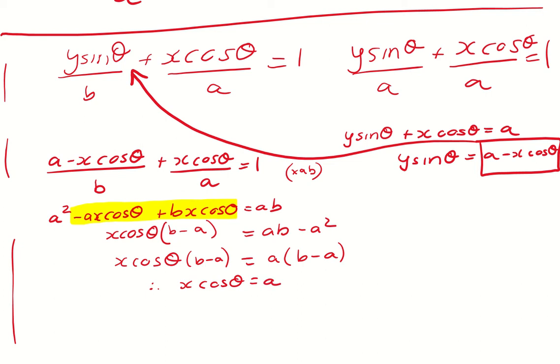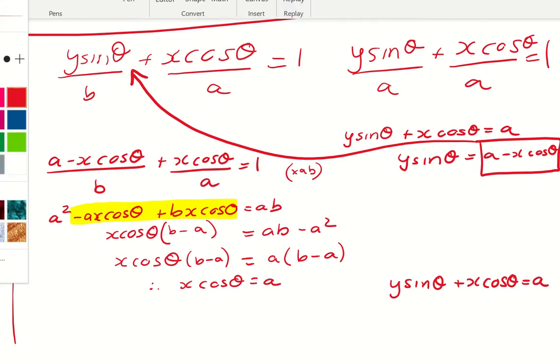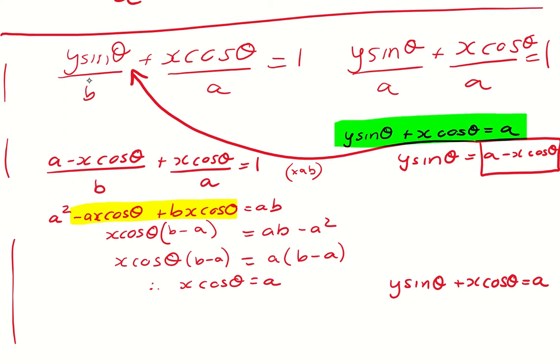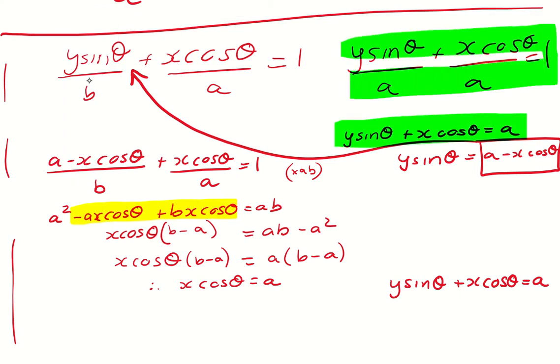All right, at that value, I know that y sine theta plus x cos theta is equal to a. And if you can't see, that's just something I knew from this line here I wrote, which was rearranging this first equation.